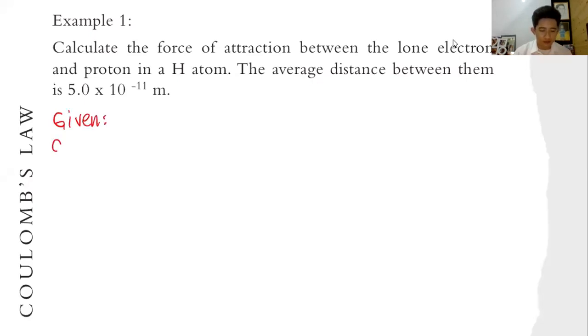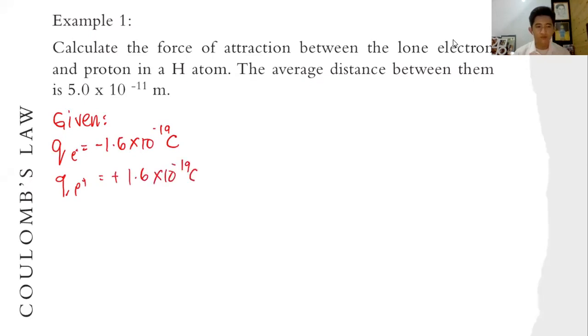We have the Q of the electron is negative 1.6 times 10 raised to negative 19 coulomb, and the Q of the proton is equal to positive 1.6 times 10 raised to negative 19 coulomb. Their separation distance is 5.0 times 10 raised to negative 11 meter.